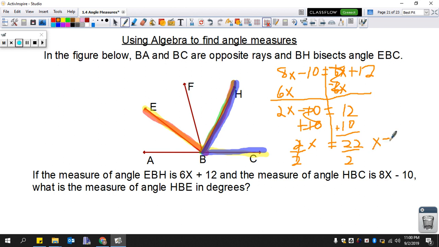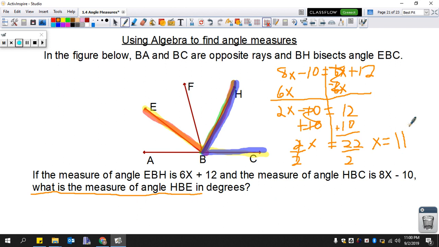Now it's important to notice here that that is our value of x. That is not our answer to the question that was asked, because we want to know what is the measure of angle HBE. Well, the expression for HBE or EBH is 6x plus 12.